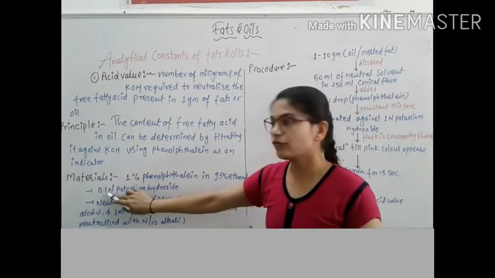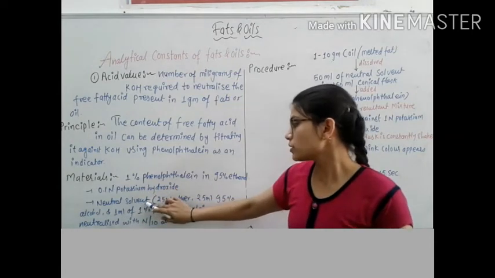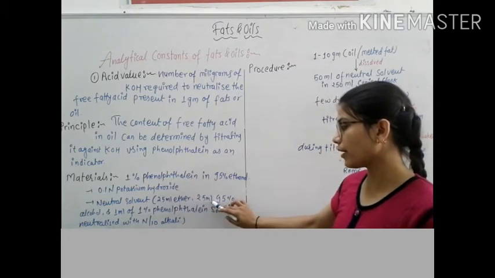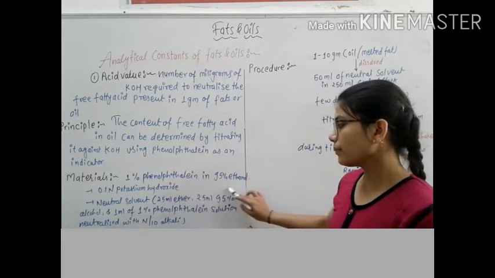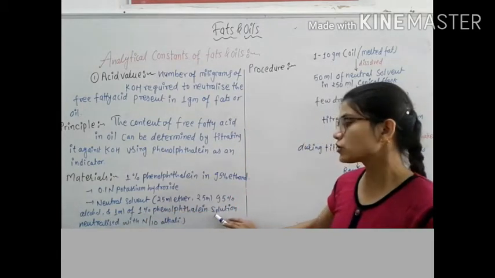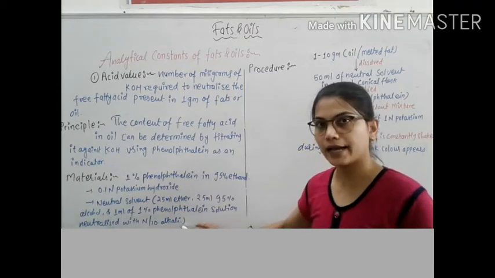Second, 0.1 normal potassium hydroxide. Third, neutral solvent. It is made of 25 ml ether, 25 ml 95% alcohol and 1 ml of 1% phenolphthalein solution, neutralized with N/10 alkali.